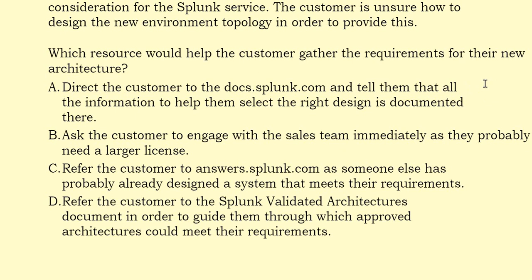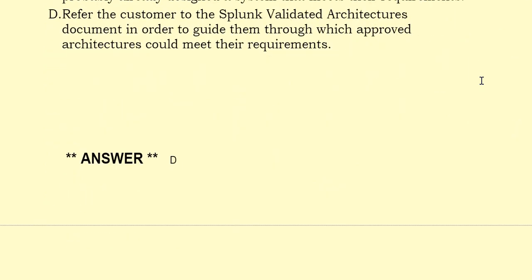Option D. Refer the customer to the Splunk validated architectures document in order to guide them through which approved architectures could meet their requirements. The correct answer is option D.